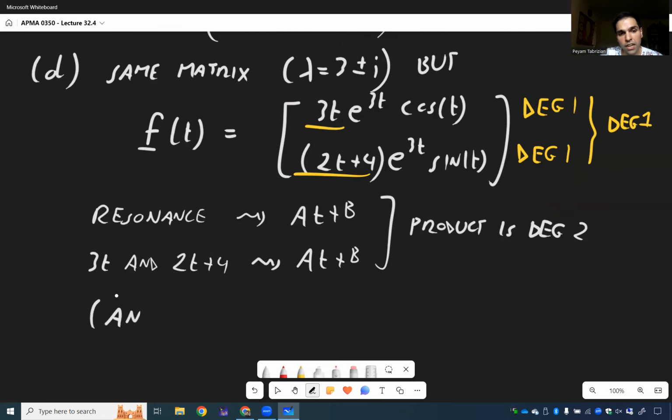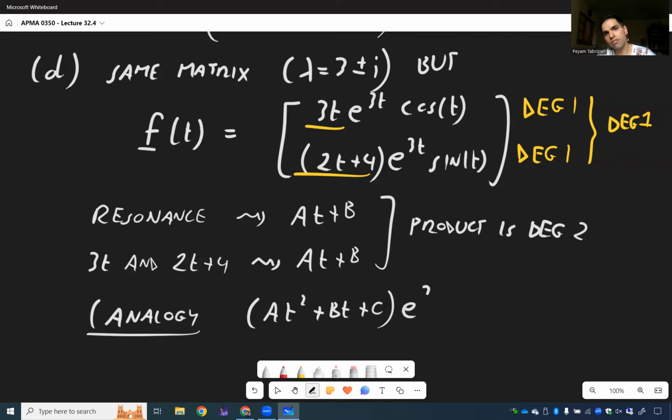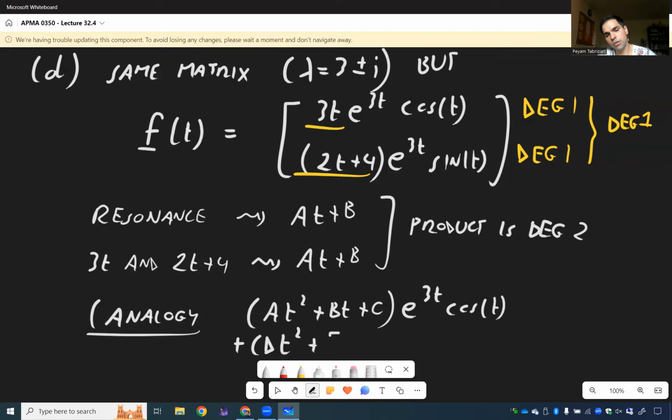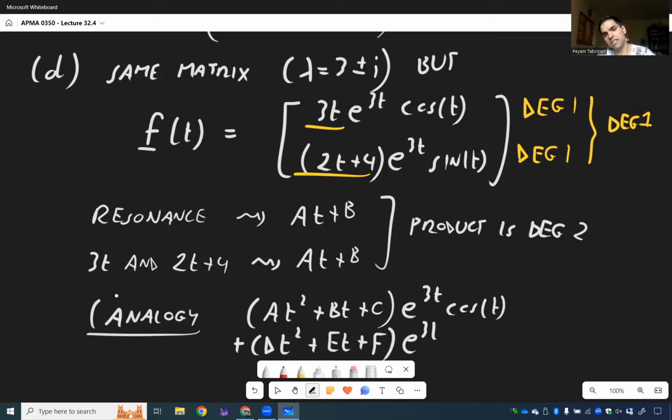So the true analog would now be (At squared plus Bt plus C) e to the 3t cosine of t plus (Dt squared plus Et plus F) e to the 3t sine of t. Except we need to write this in terms of vectors.